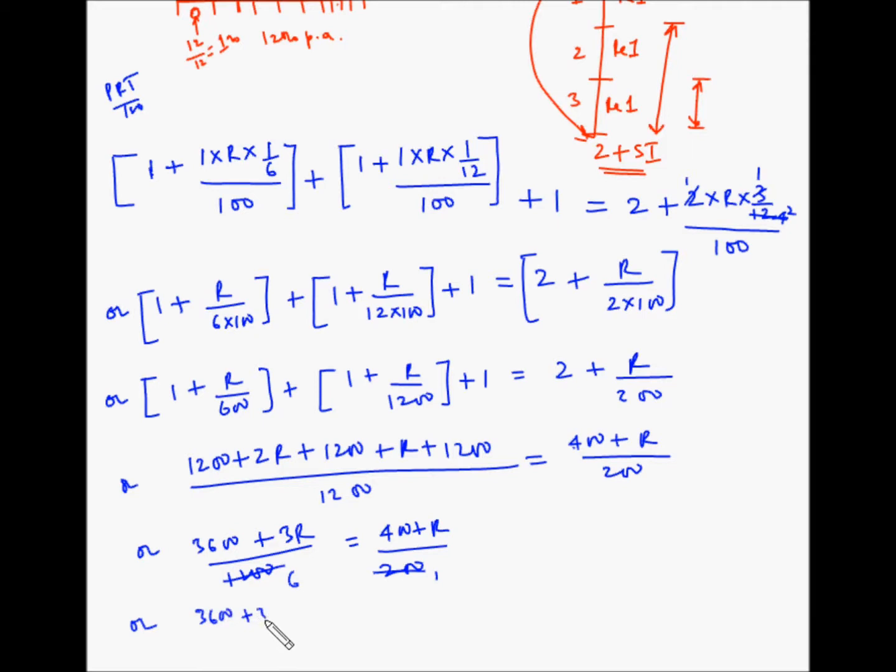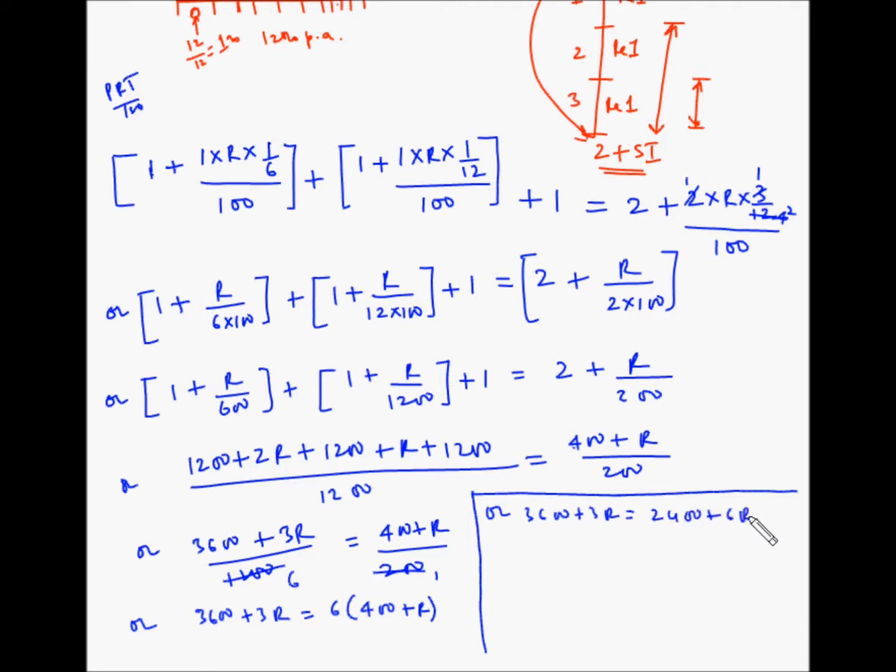3600 plus 3R is equal to 6 we can take on the other side, so 6 multiplied by 400 plus R, or 3600 plus 3R is equal to 6 fours are 24, 2400 plus 6R. So let's bring this 3R on this side and 2400 on the other side.